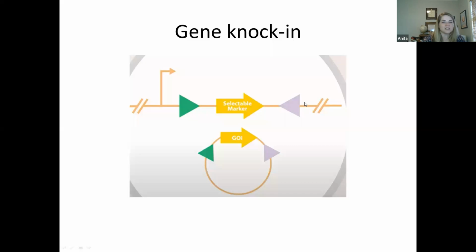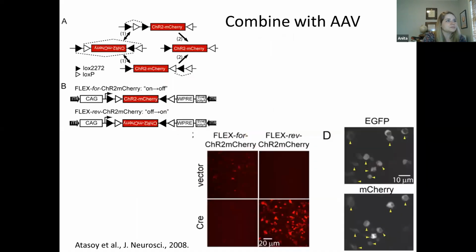So you could imagine having your selectable marker downstream of ROSA 26, as a transgene or as a knock-in. You can use the same one to deliver bunches of different genes of interest. So it becomes a versatile system to use, as opposed to making a knock-in through the homologous recombination method that we talked about first.